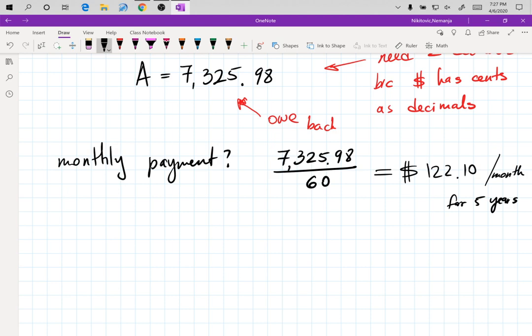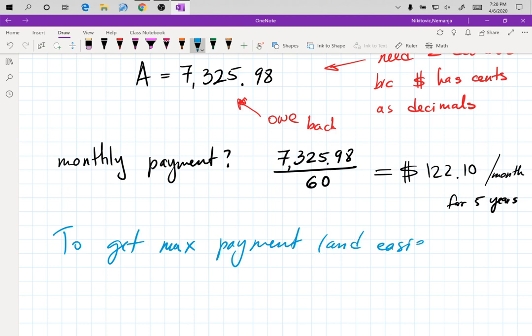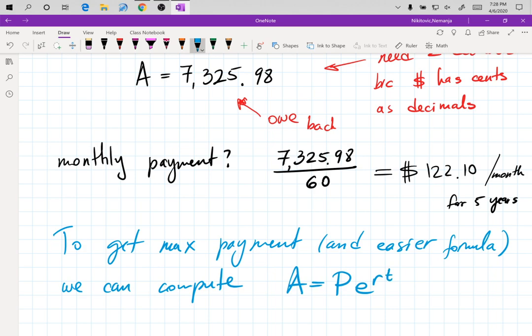So to get the max payment, and easier formula, we can compute A equals P E to the RT.